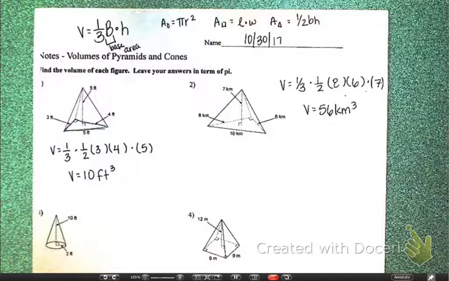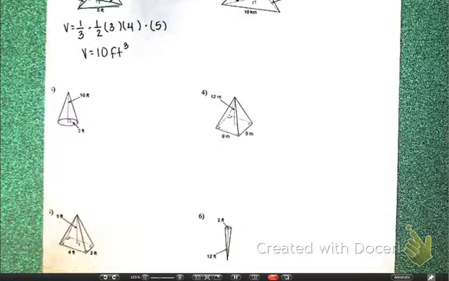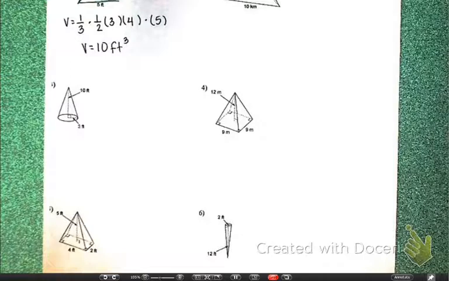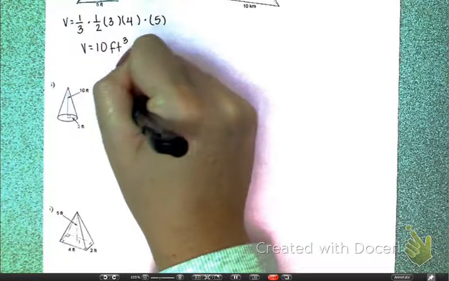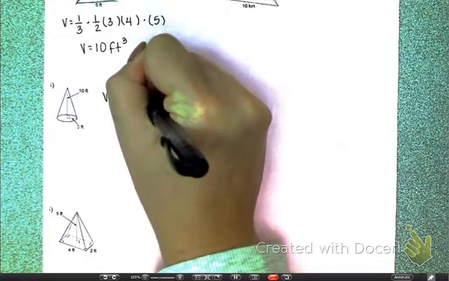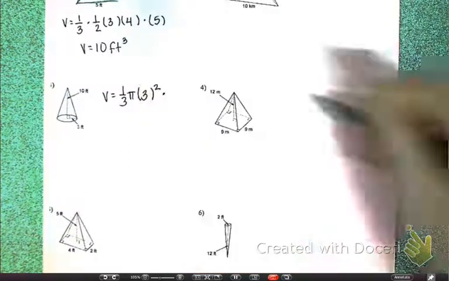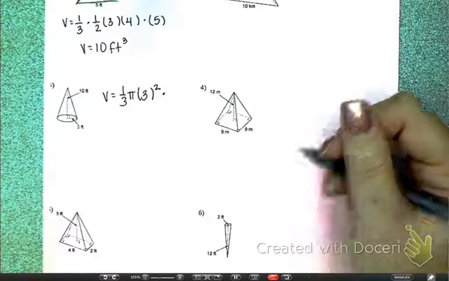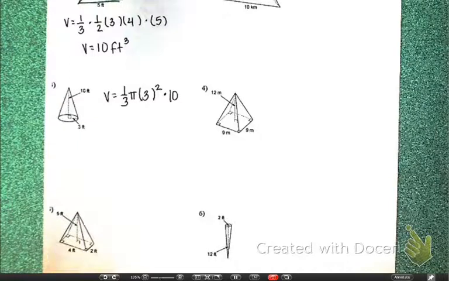Okay. The difference between number 3 is that it is a cone. So we have a different base area, right? What's my base area going to be? Pi r squared. So I still have that 1/3, but now it's pi times the radius squared. What's the radius? 3, and then the height of the whole cone, 10. So 3 squared is 9. 9 times 10 is 90.